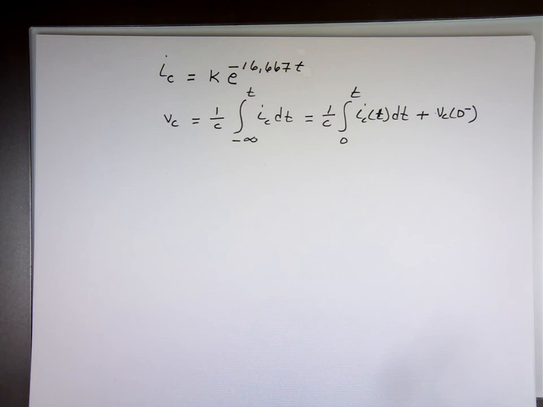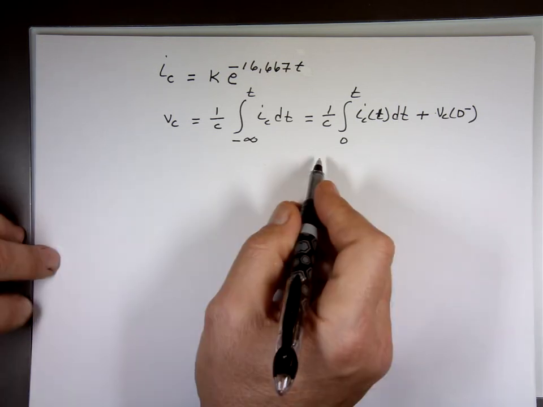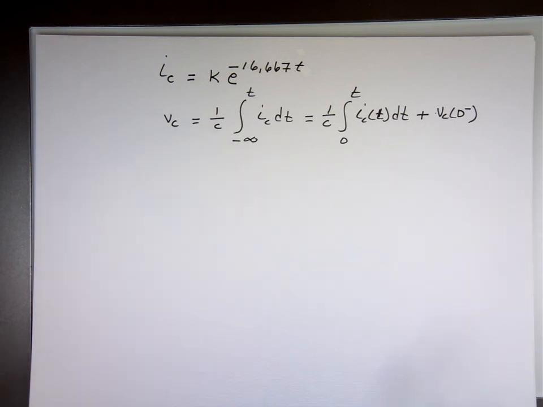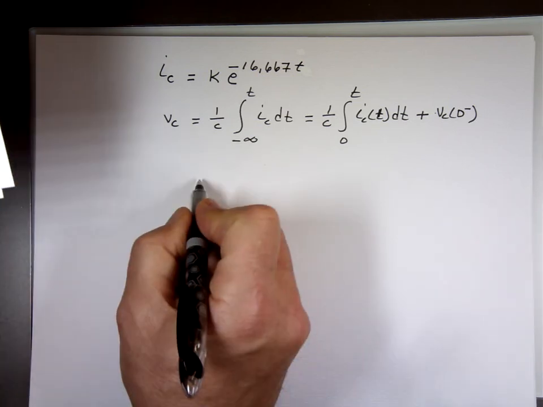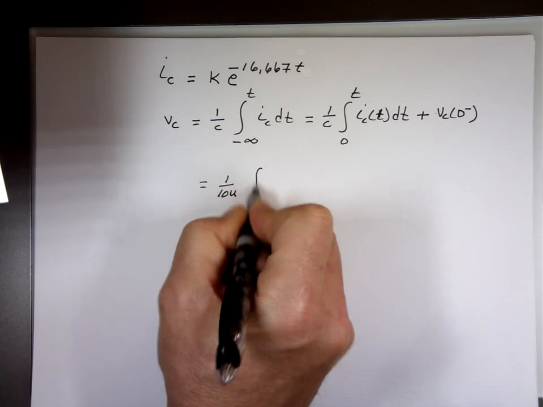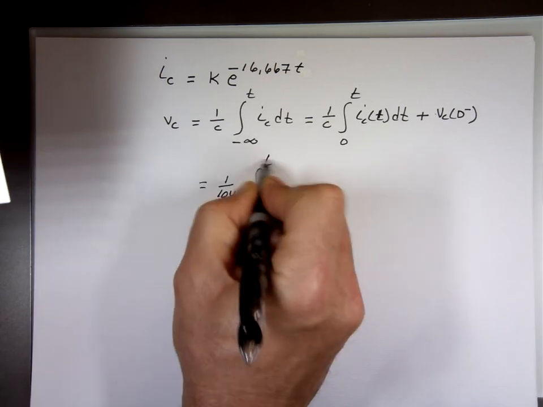So let's integrate that. What is C equal to? Ten micro. 1 over 10 micro, the integral from 0 to t. And what was the current? We just solved for the current.